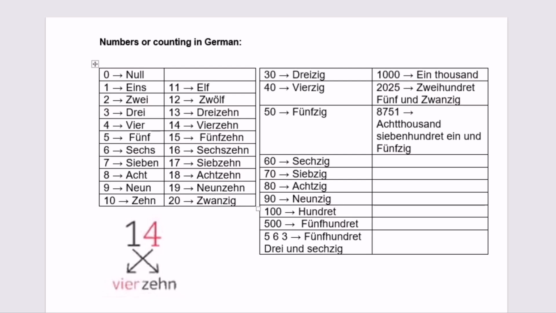Okay, so now let me tell you a trick about these numbers. Here we have 3 and here we have 10. If we talk about 13, 14, 15 and go further, it will be 3 plus 10, so it will be 13.